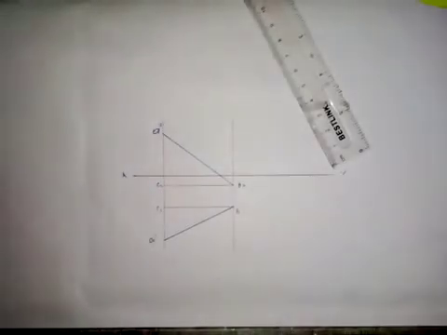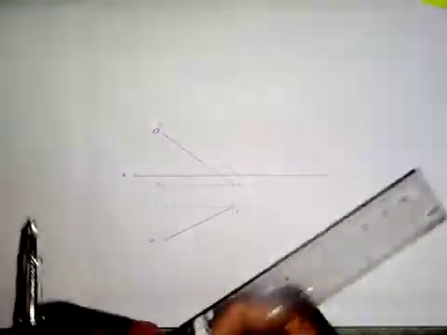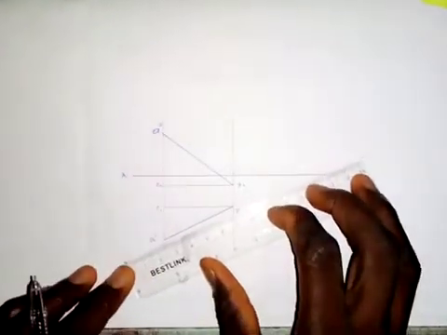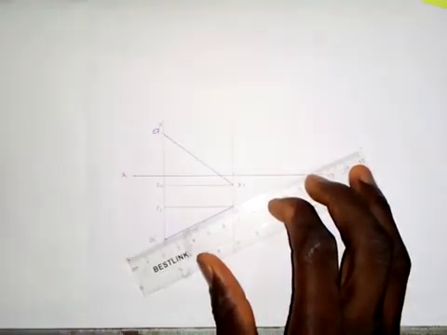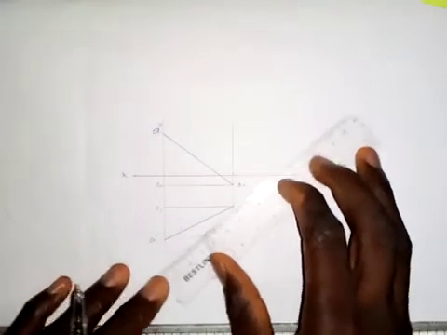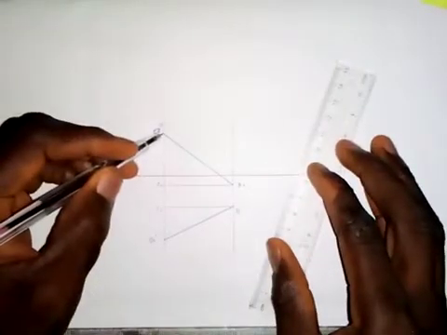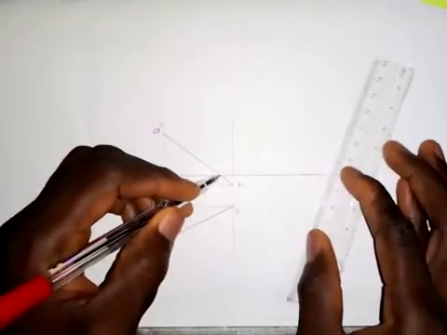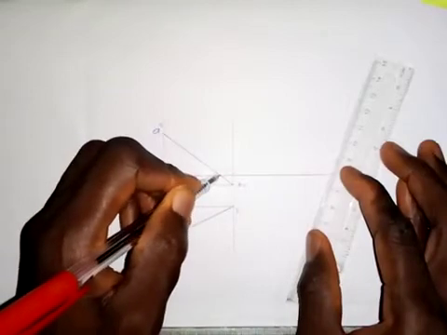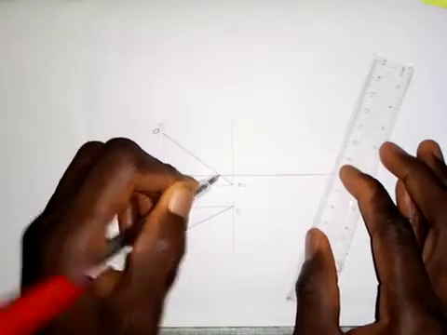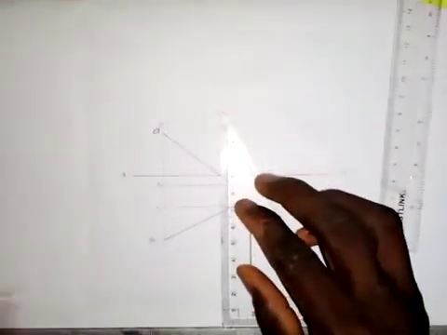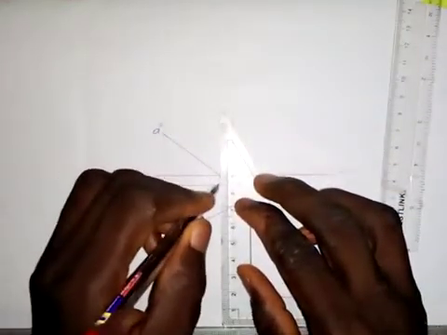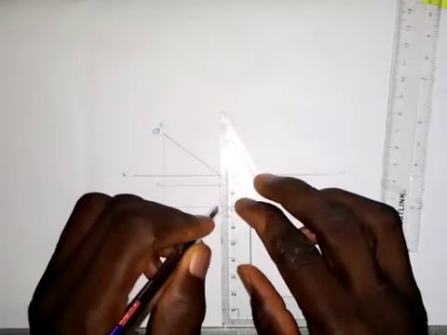Now, let's find the horizontal trace and the vertical trace of this line. So to get my vertical trace, this line A to B2 has touched the XY line at this point. So whenever it touches the XY line, I'm going to produce a vertical line down like this, just with short dashes.